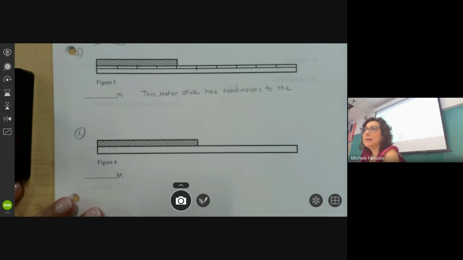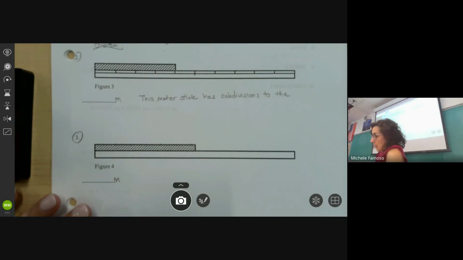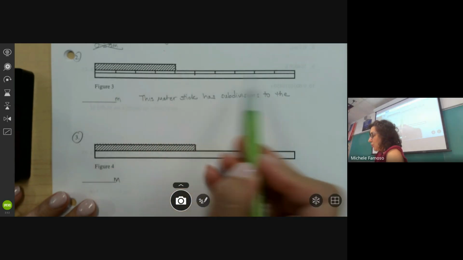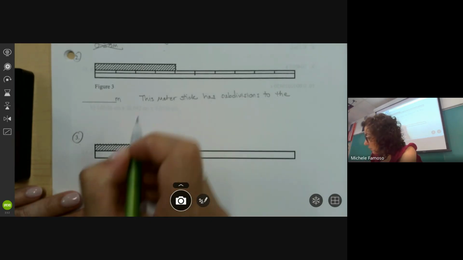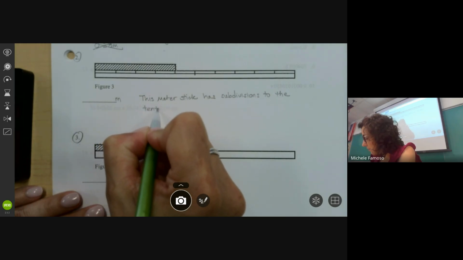All righty. Let's look at number 2, shall we? What are these subdivisions? What did you write down that those subdivisions were on that meter stick? Yes, that's right. Those subdivisions are to the 10th of a meter.